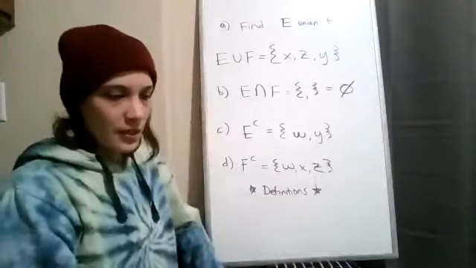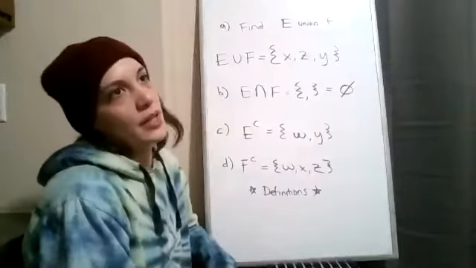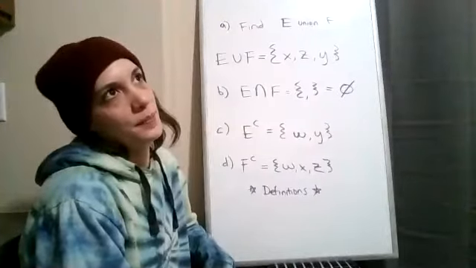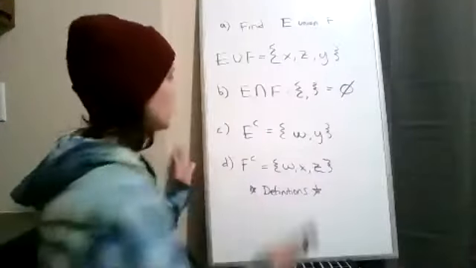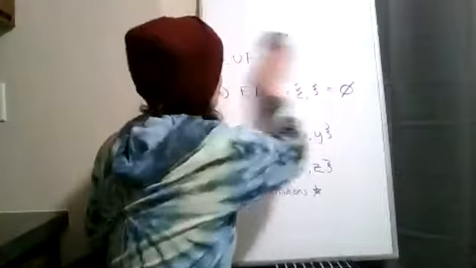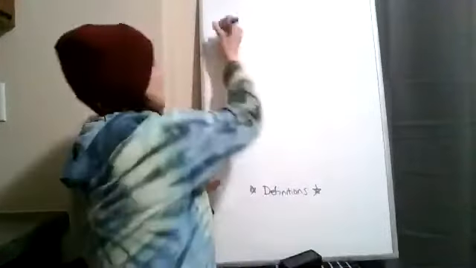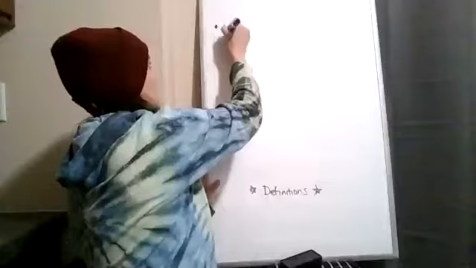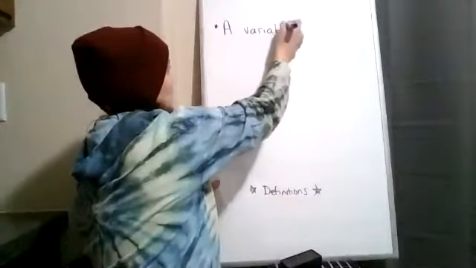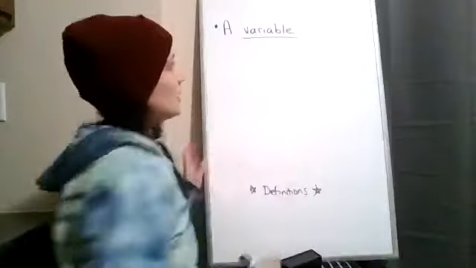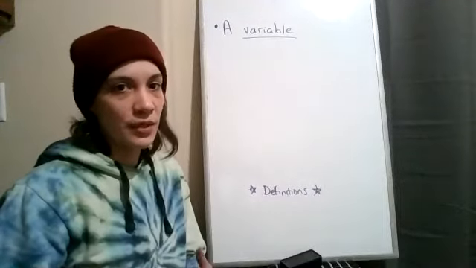So we'll do a bunch of definitions, a couple of examples, and then next time we'll get into some more about variables. So we're going to do the definition of a variable. Okay, a variable is a characteristic that can assume different values.